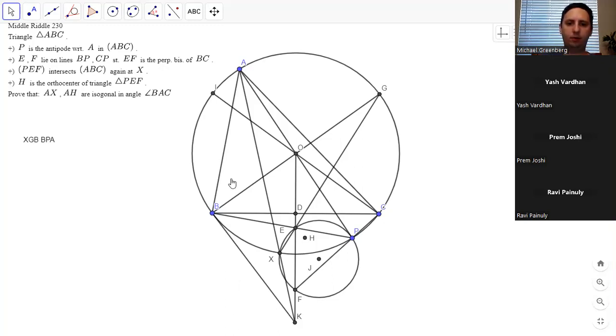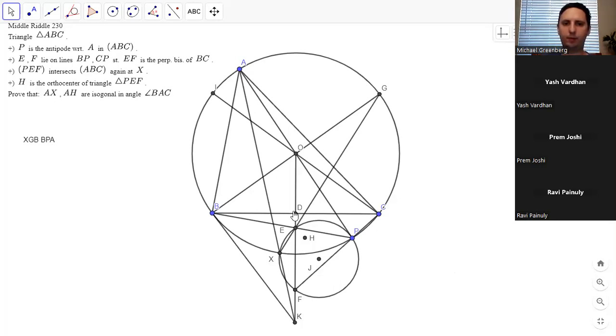So if we draw the orthocenter, we know that B and P are collinear. I wonder if that could help at all. So I have one idea.